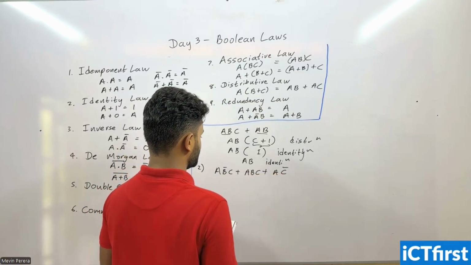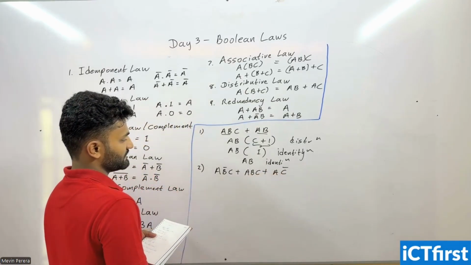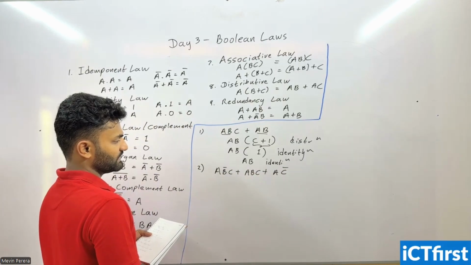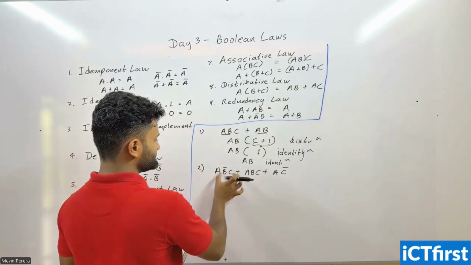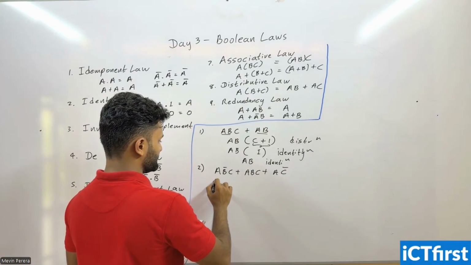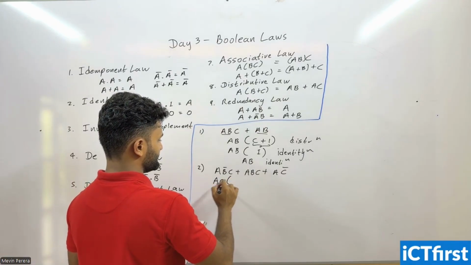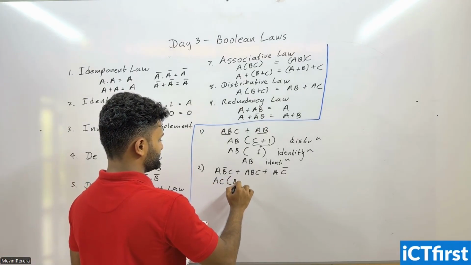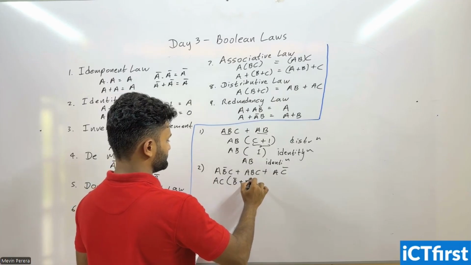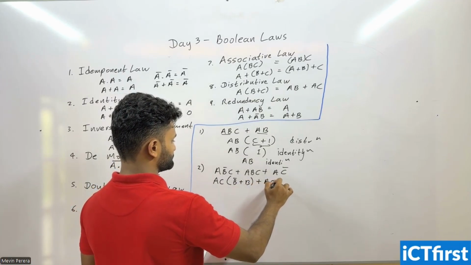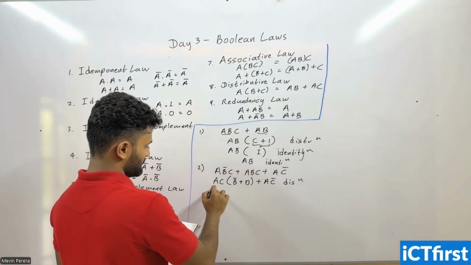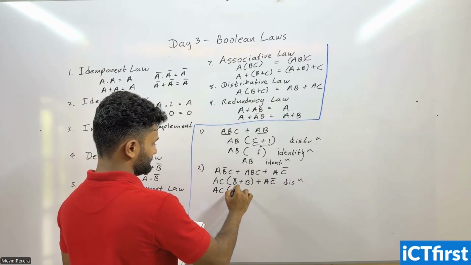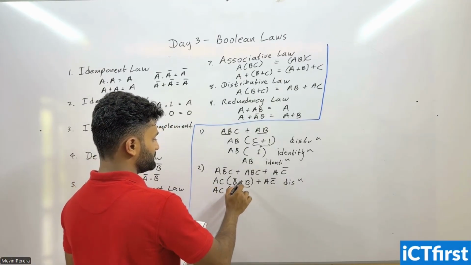Okay, in this one, what can we do? Here, AC is common, so I'm taking it outside. After taking AC outside, we have B bar plus B, right? So this is also the distributive law. AC, B bar plus B.